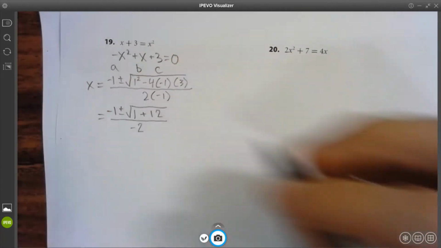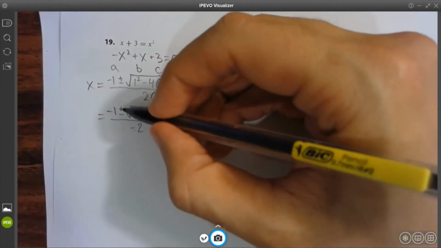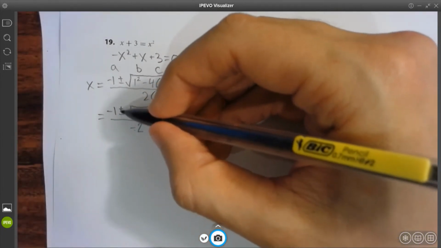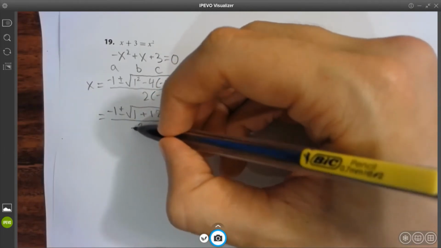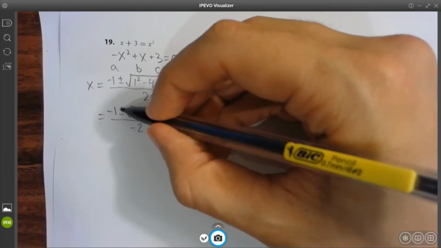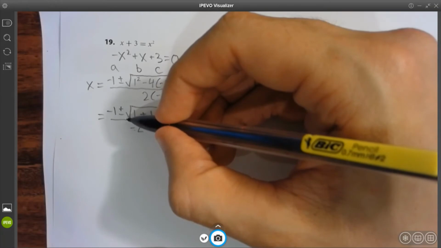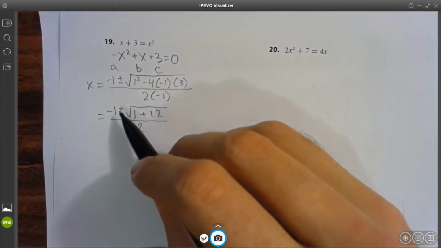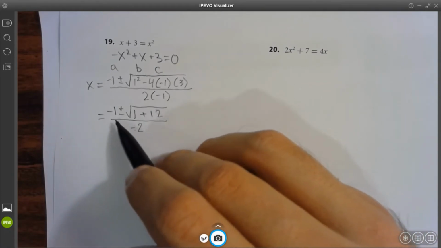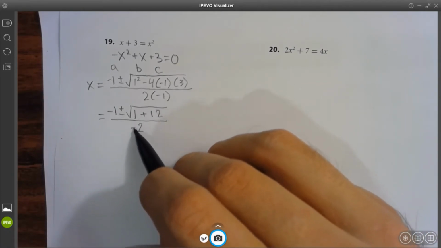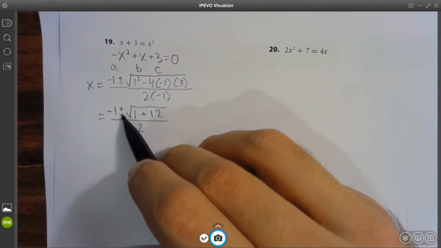Let's keep going. I'm going to say that a negative and a negative, you can cancel that. And look what happens here. It's kind of nice. We have a plus and minus. So we can actually cancel the negative with the plus or minus sign. The plus becomes a minus, the minus becomes a plus, and it makes no difference whatsoever. So if you didn't catch that, remember this is 2 answers. This is negative 1 minus this stuff, in which case the negatives can cancel. The negatives cancel here, and the negative will cancel with a minus and change it to a plus.